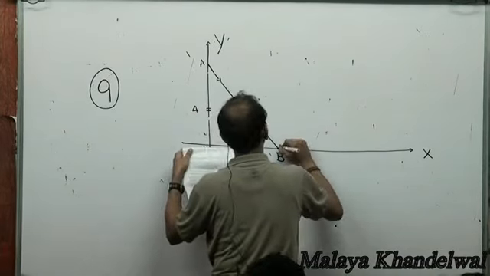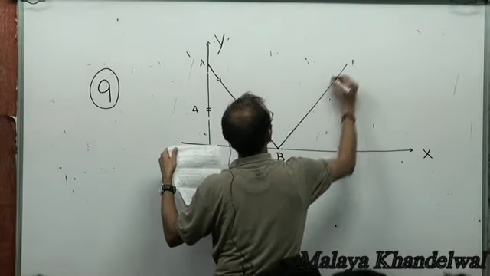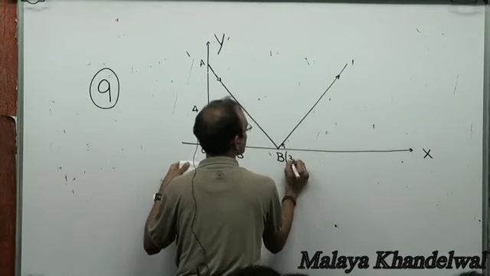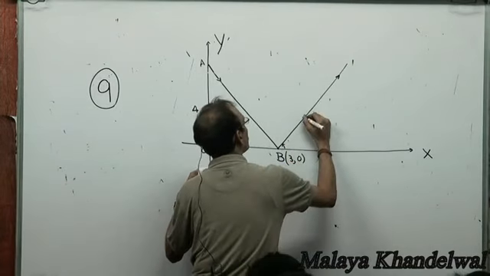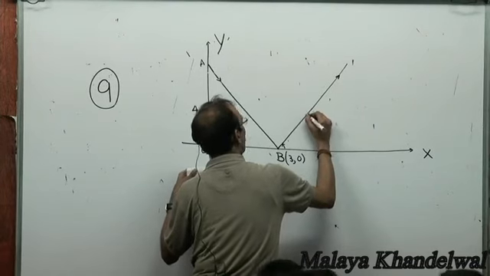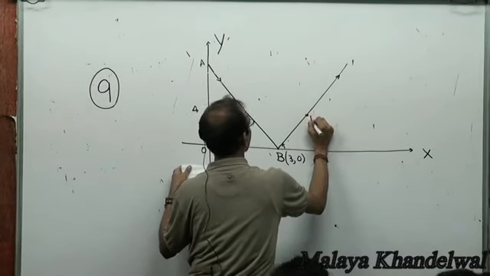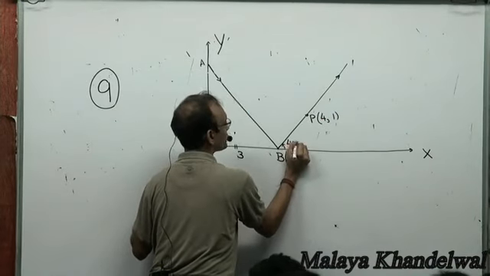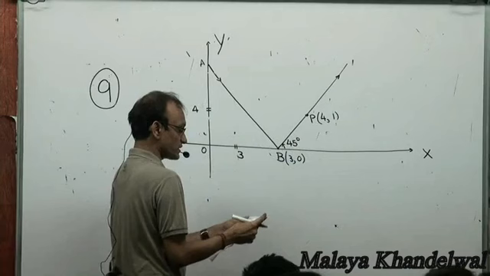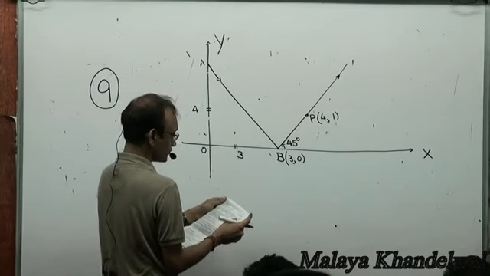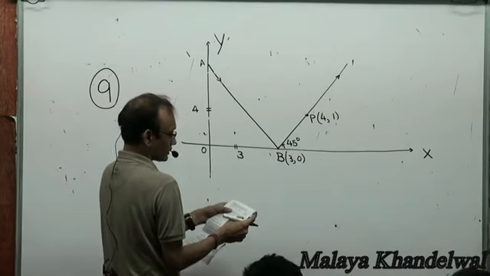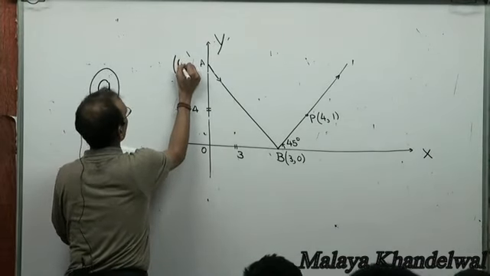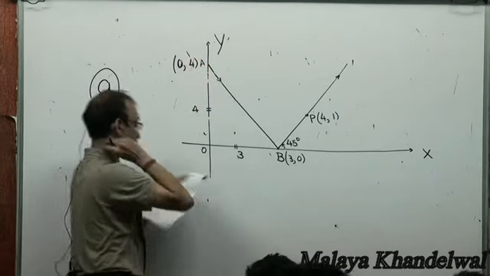Then it goes along this line where this angle is 30. Then it goes along this line to a point P with coordinates 4, 1. This is 45 degrees. This is 45 degrees. And this point A has coordinates 0, 4.